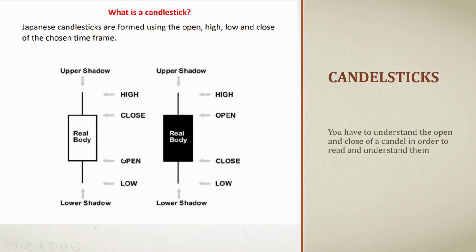Now, this is a candle. Let me first read what it's saying. What is a candlestick? So this is a candlestick, completely. The Japanese candlesticks are formed using an open, high, low, and close, often of the chosen time frame.